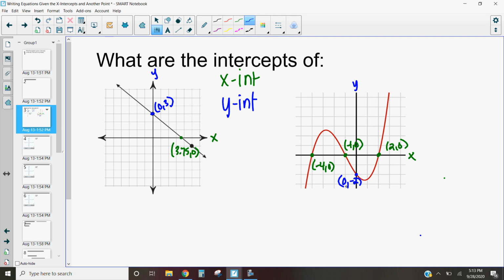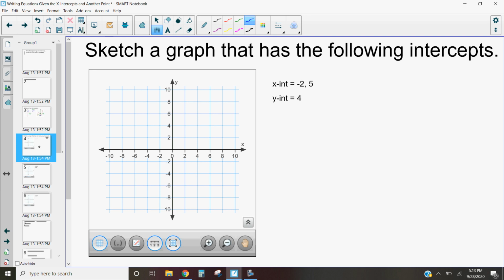So using this idea of intercepts, we are going to base our quadratics on those intercepts. So let's take a look here at this first one. We want to sketch a graph that has the following intercepts. It goes through -2 on our x-axis and 5 on our x-axis. And then our y-intercept is here at 4.